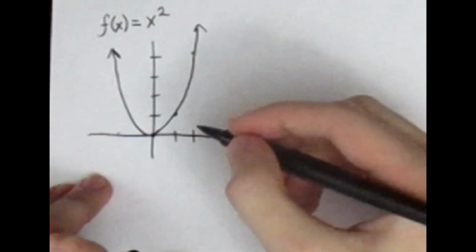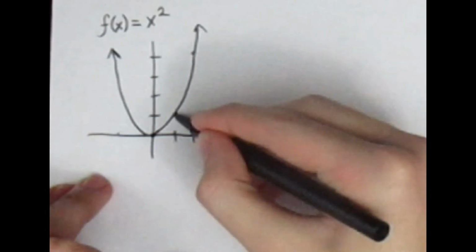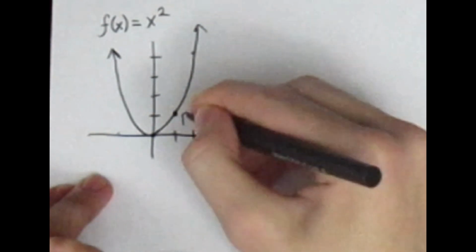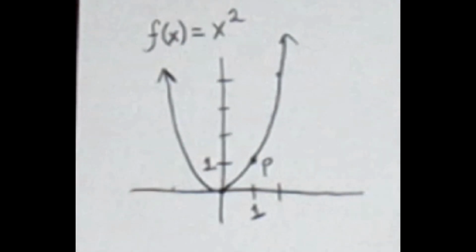And let's say that we want to find the slope of the tangent line that crosses at this one point right here called P, at the point 1, 1. So let's go ahead and draw the tangent line, which comes about right there.